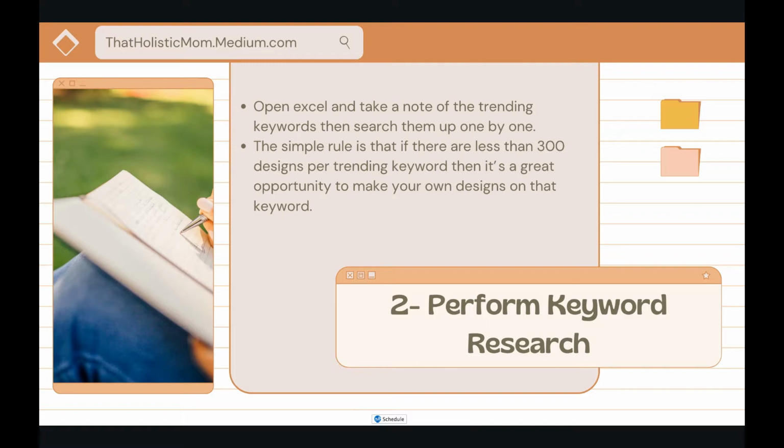I want you to open a new Excel sheet and take note of the trending keywords, write them down in the spreadsheet, and then search them up one by one. The simple rule is, if there are less than 300 designs per trending keyword, then this is a great opportunity to make your own designs on that keyword. This is the first way to do keyword research.